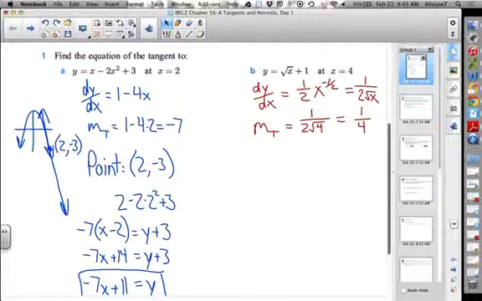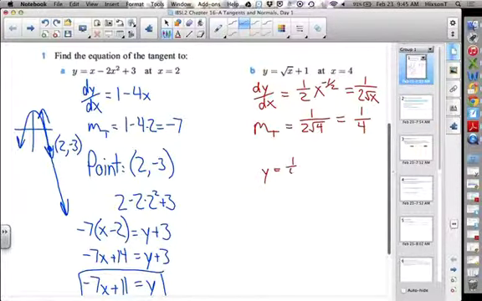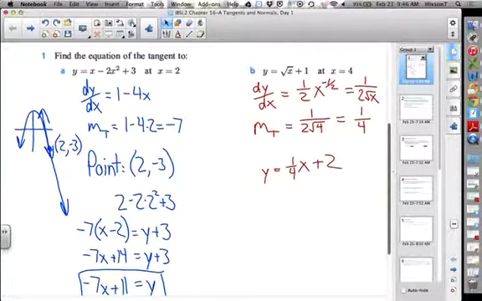Alright, so what'd you guys get? X over 4 plus 2 equals y. What'd you get? Plus 2? Yeah. Okay. Once again, we need to find the point that we're going through. So if you plug in 4, you're going to get y equals 3.